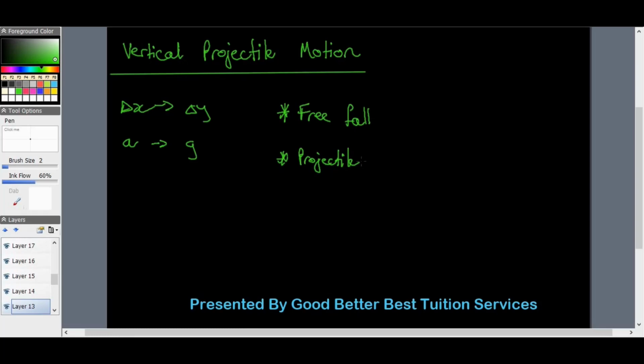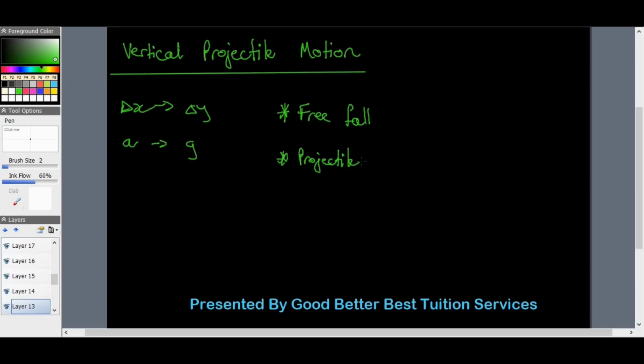Okay? Air resistance is small. If the air resistance is ignored, the gravitational force is the only force acting on the projectile or on the object. So often in your question of vertical projectile motion, they will state to ignore the effects of air resistance, meaning it's so small it's not even affecting our projectile or our object.